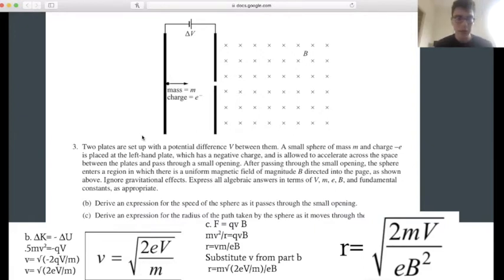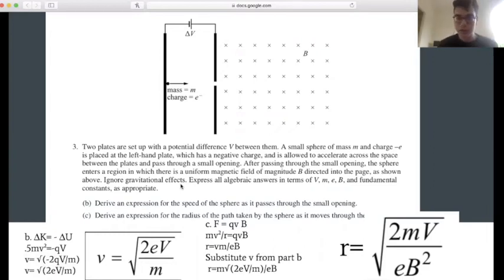Now to do part C, derive an expression for the radius of the path taken by the sphere as it moves through the small opening. We will start with a slightly different setup, which is that the force is going to be equal to qvB, where the force is mv squared over r. And then we'll isolate r because we want the radius.